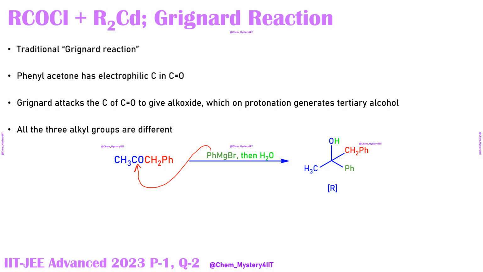But here there is something different from the previous case. This product R now has 3 different groups. One is the methyl group, another is the phenyl group, and another is the benzyl group. All 3 groups in this tertiary alcohol are now different, so this classifies as a chiral compound.